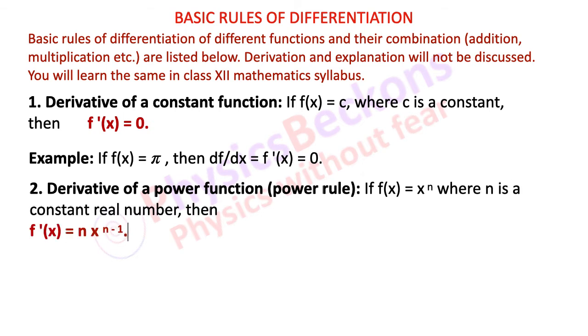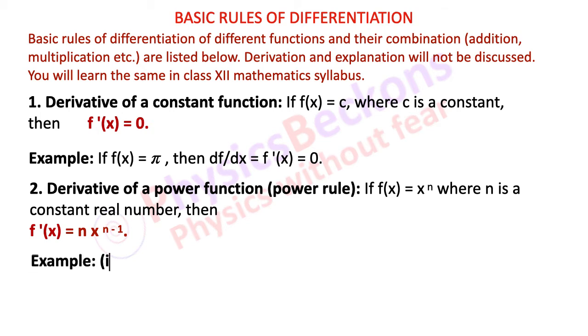Second, derivative of a power function. That is the power rule of differentiation. If f(x) is x to the power n, we already have this relation in the table in the previous part of this video, then the differential will be n x to the power n minus 1.